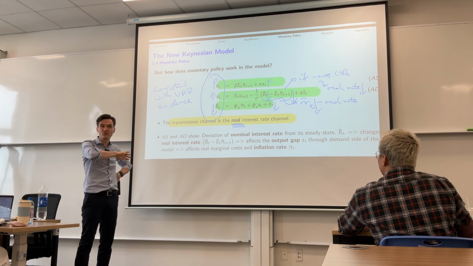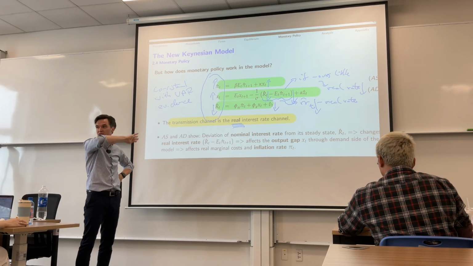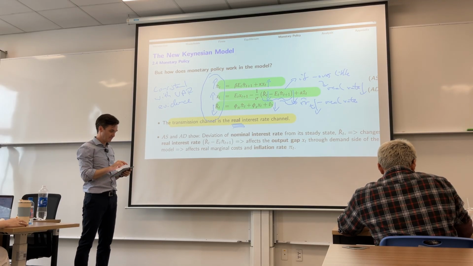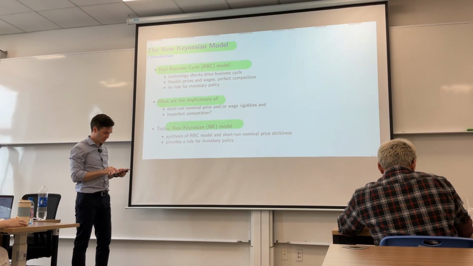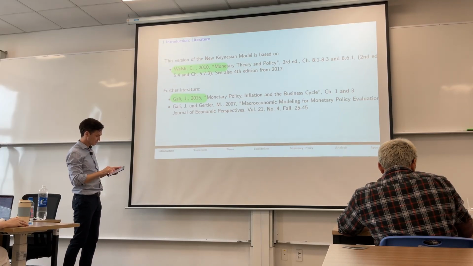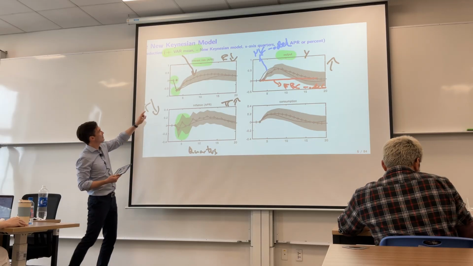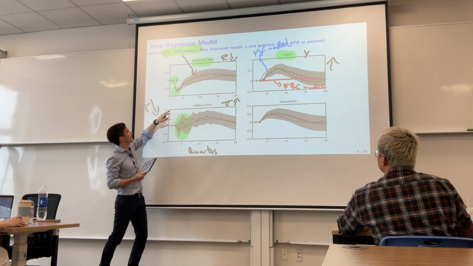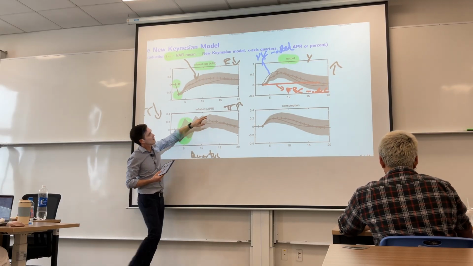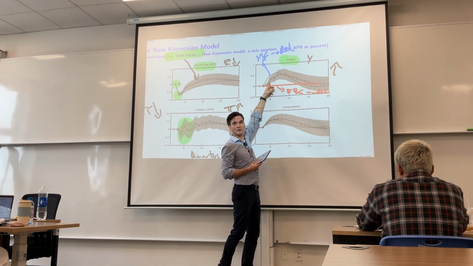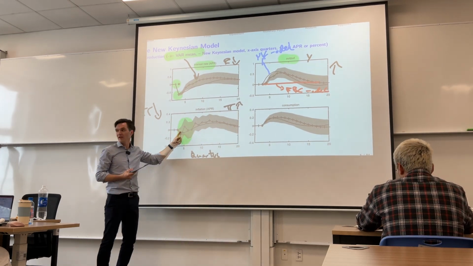We remember those gray areas, those impulse responses from the data? We saw in those impulse responses that when the central bank drops the nominal rate, the real rate drops, and that produces an expansion in output and a run-up in inflation.